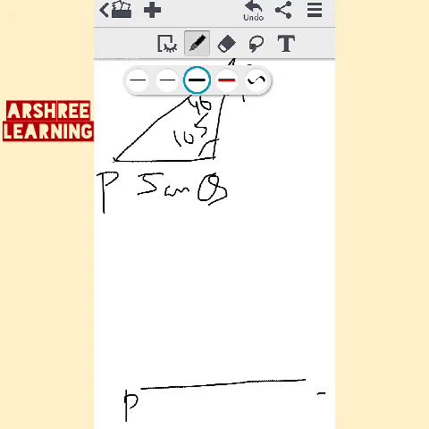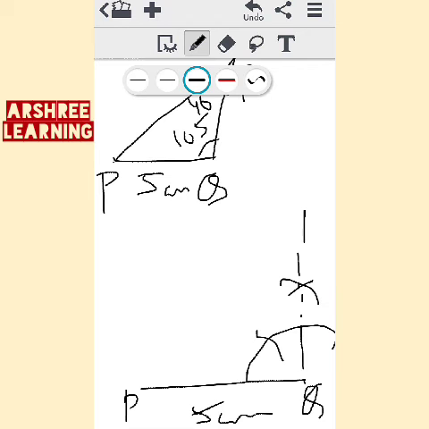Now PQ is made. After that, construct the 105 degree angle. First you will make an angle of 90 degree using compass. When you make the 90 degree angle, make this dotted because we don't need the 90 degree angle, but we need it for making the arc.